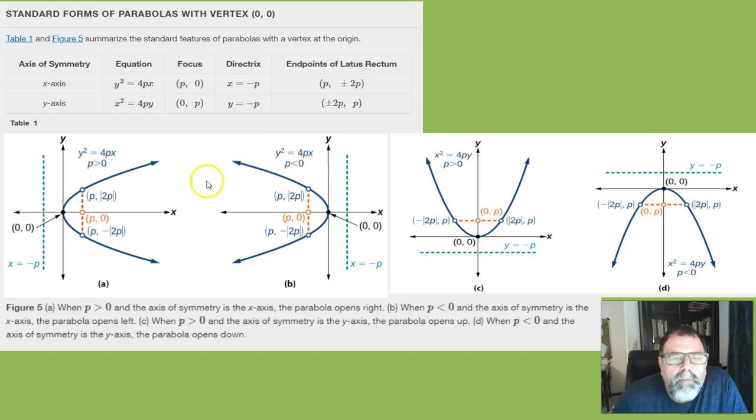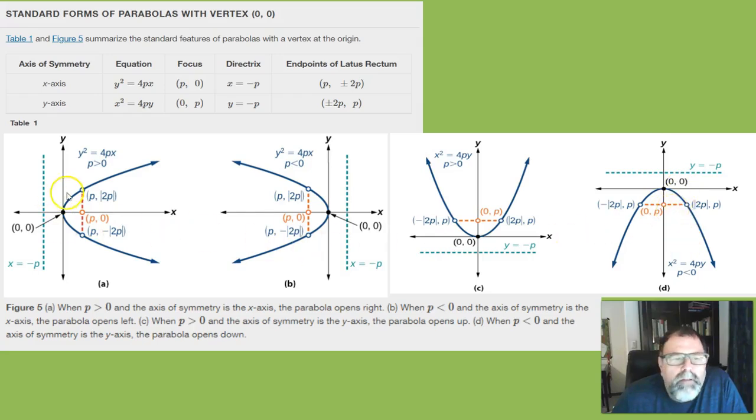For both of them, if it's opening to the right, p is going to be positive. If it's opening to the left, p will be negative. And then for the parabola that's opening up and down, that's going to be x squared equals 4py. Opening up, p is going to be positive. To open down, p is negative.